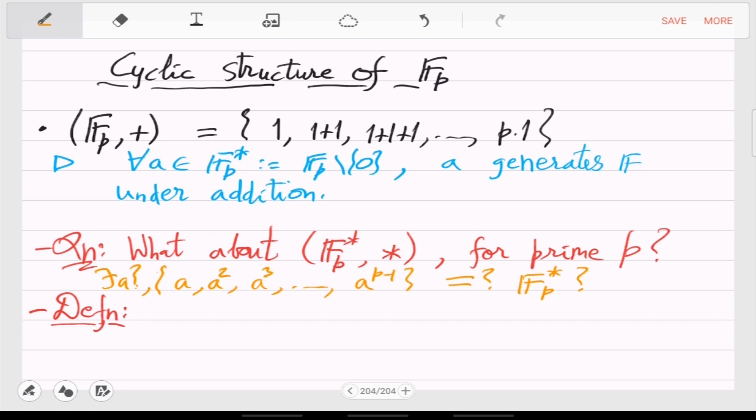Addition was in the first part when we looked at 1 plus 1 plus 1. That was the easy part. This is the harder part.